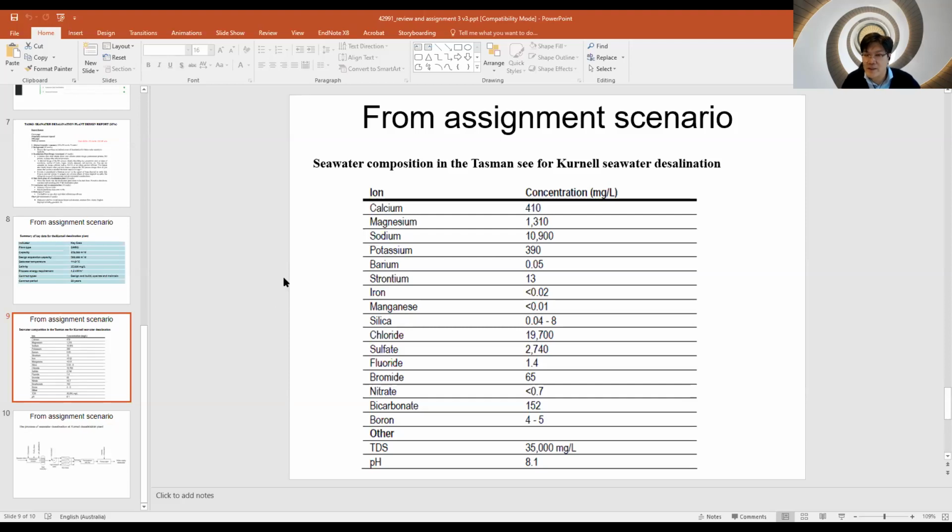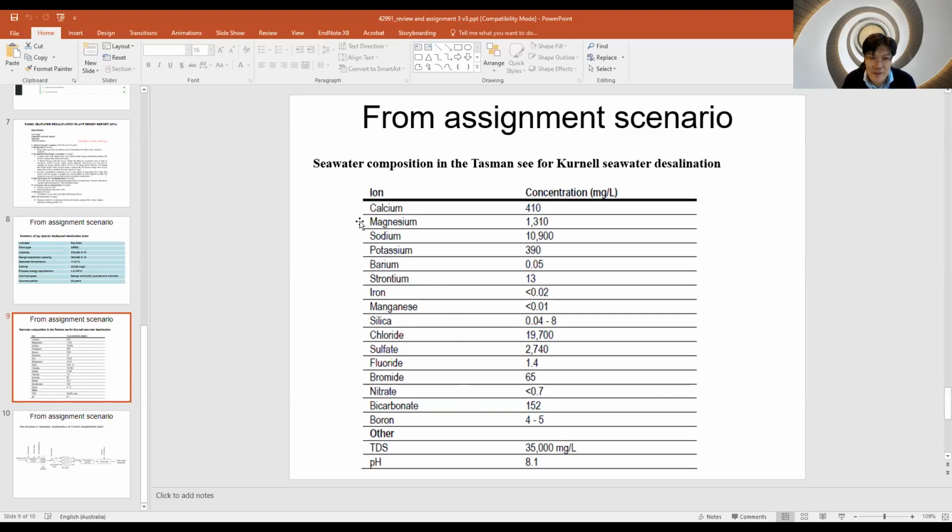But at this stage, seawater desalination is very expensive, and mineral recovery is still a very expensive process. So nobody recovers any mineral at this stage. But in the future, maybe 10 years, maybe 20 years later, I'm sure that, as you mentioned, we can recover some useful material from RO brine.